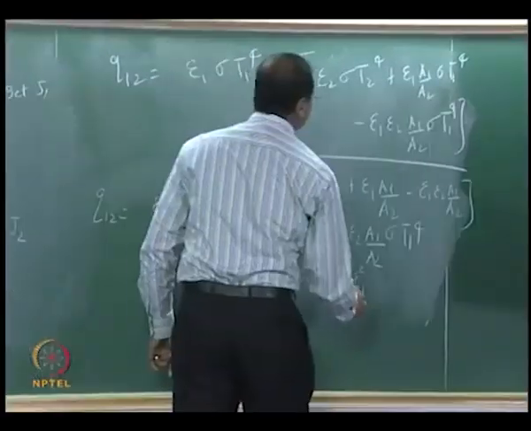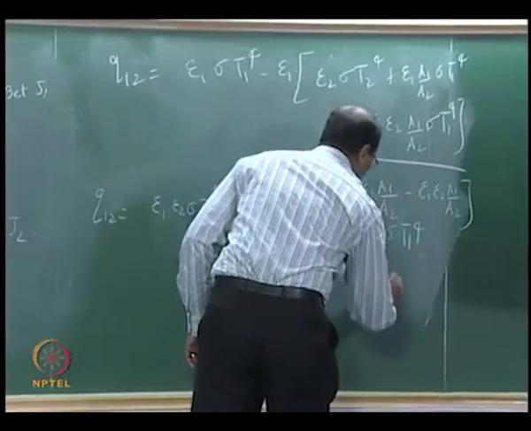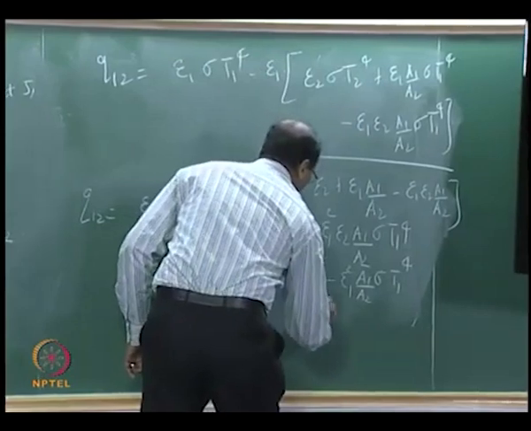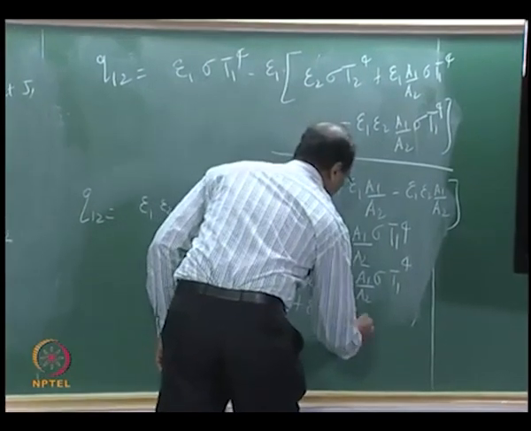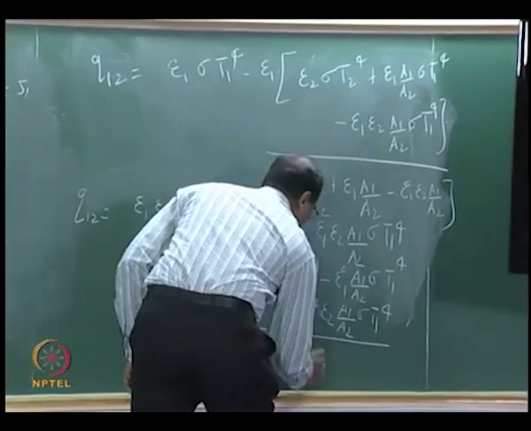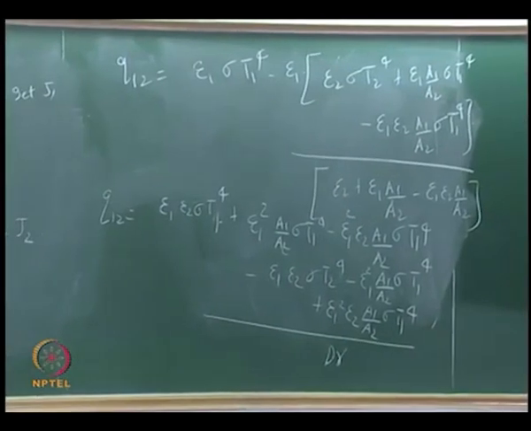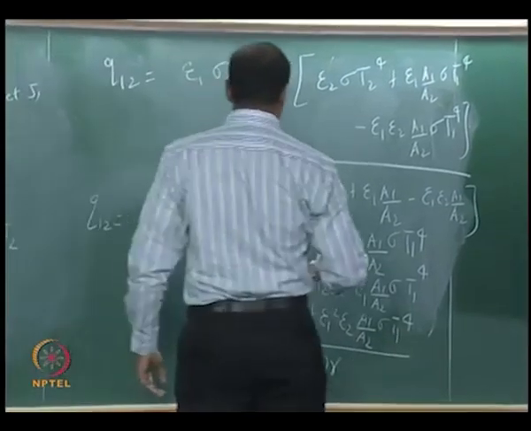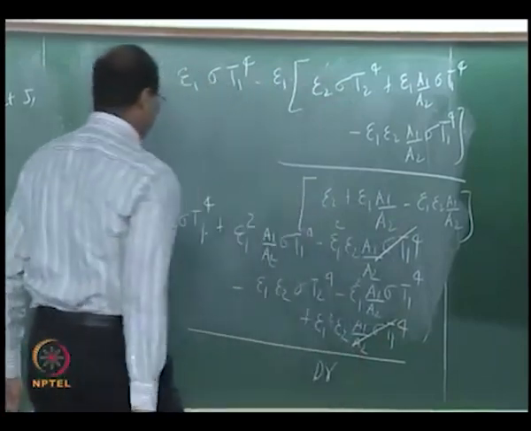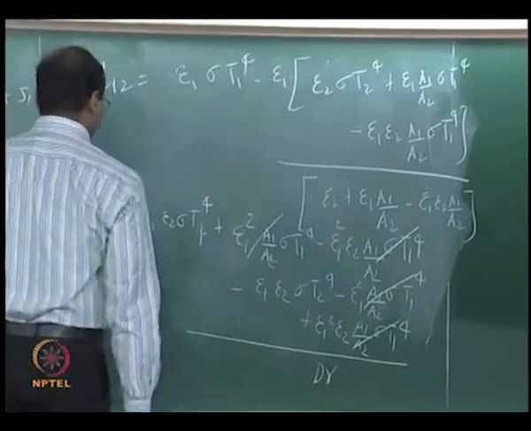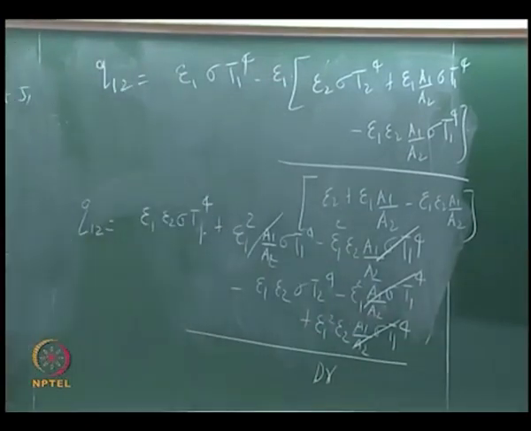Epsilon 1 square plus, by, we will just say denominator. Now tell me, what are the things which get cancelled? Epsilon 1 squared gets cancelled, then second and fifth. What remains? It's nice. Now I know I am getting the answer.